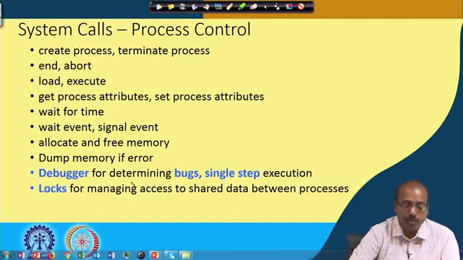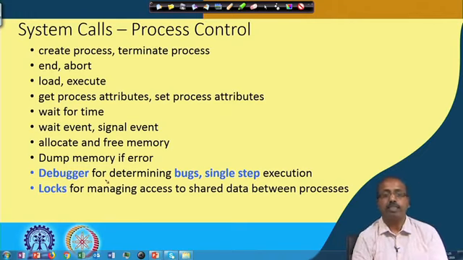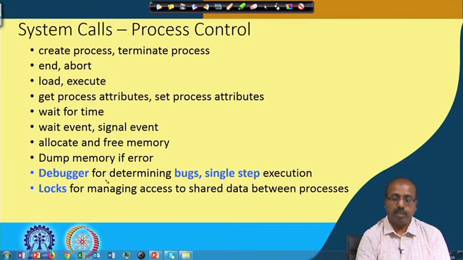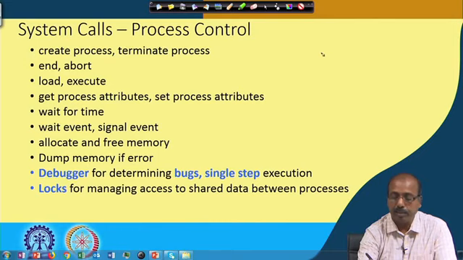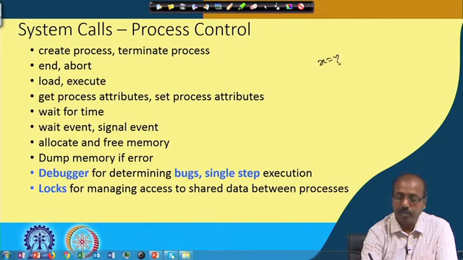Then a debugger is required for determining bugs. We should be able to single step execution. A debugger is for checking why a particular situation has occurred when the program is not running properly. What is the problem? For example, I might have written a program that does some computation, x equal to y plus z, etc. After executing this line, how do I check whether this line was properly executed or not?